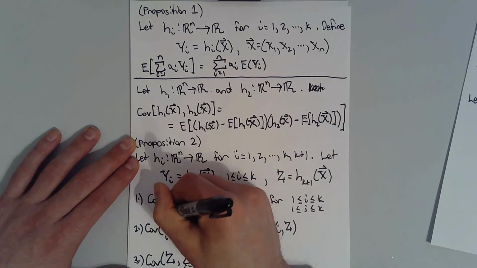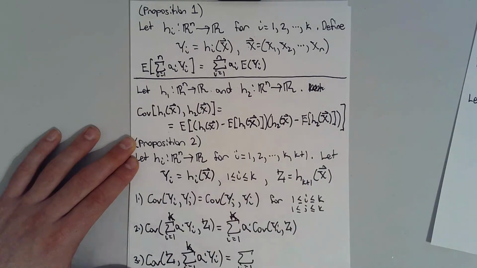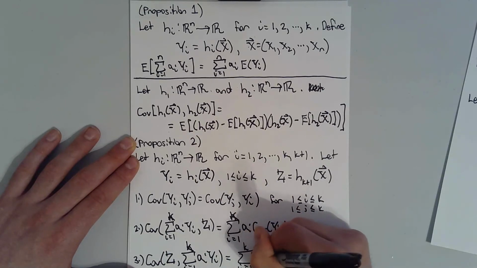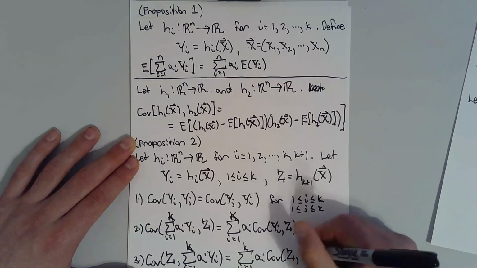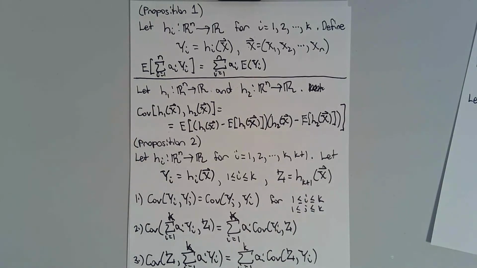Oh, these are not n, this is to k. I apologize, not n to k. Just like so. So property 3 says the covariance operator is also linear in the second component.